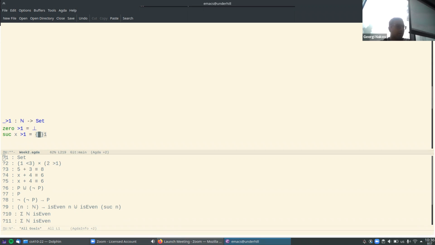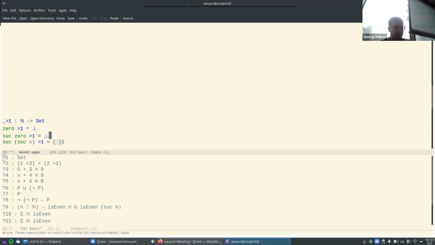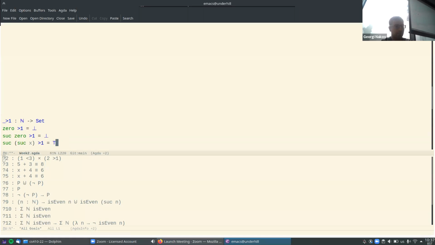No. Now we can pattern match again to get the case for 1. This is also negative. And now we're in a position to say that n plus 2, or something that's at least 2, is always going to be greater than 1. So we can supply top here.